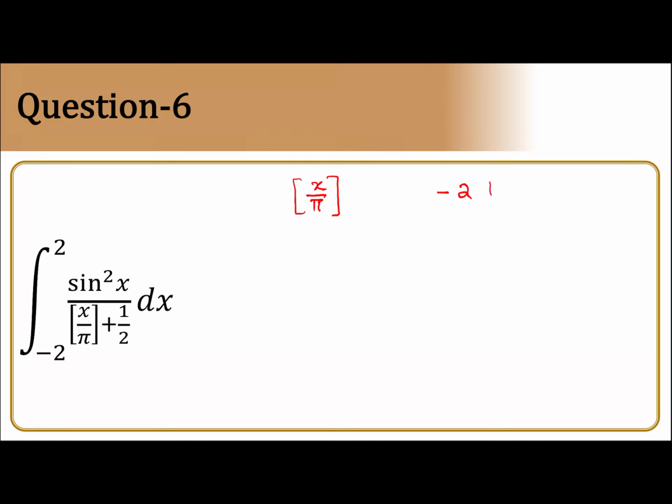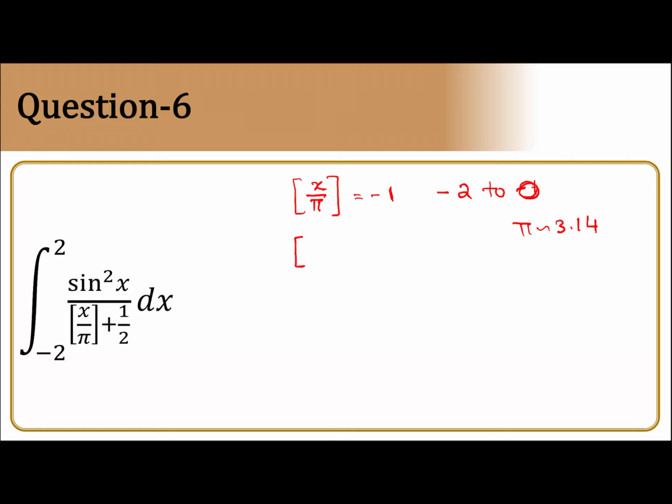From -2 to -1, suppose I take x value as -1.5, then x by pi will always give you -1, greatest integer. Similarly, not even -1, you can take it up to 0. This value is always -1 because it will always be a fraction. Why so? Because pi value is approximately 3.14. We are talking from -2 to 0.